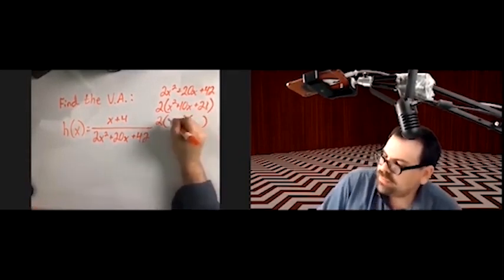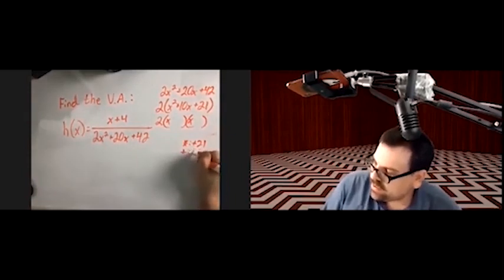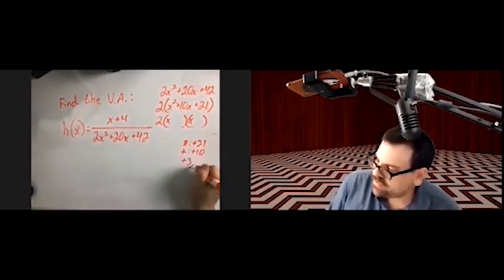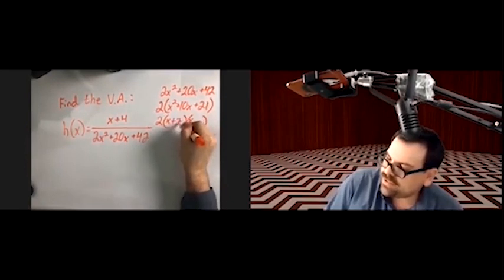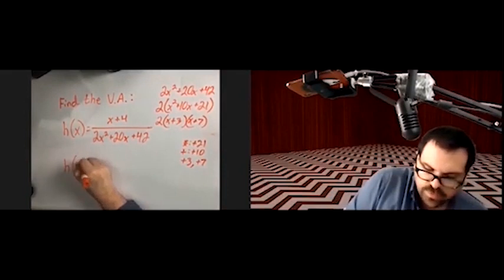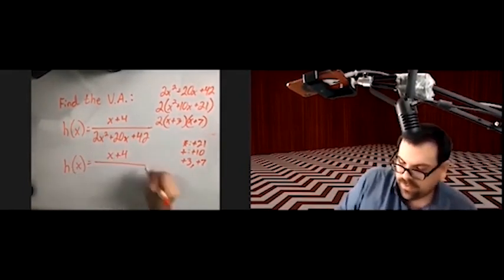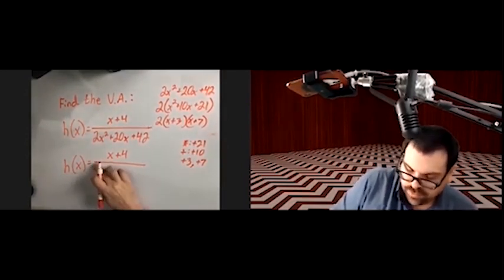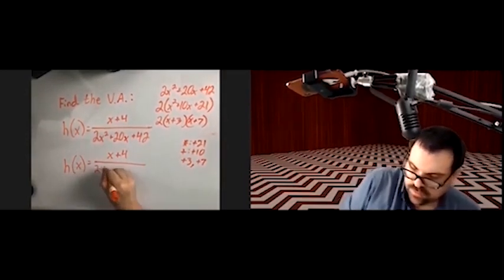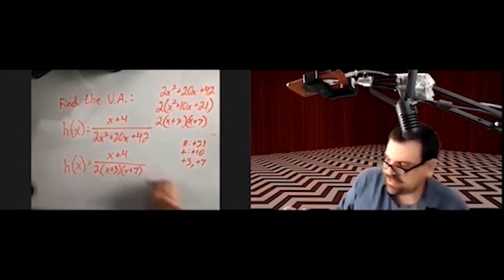We need numbers that multiply to positive 21 and add to positive 10. This is plus 3 and plus 7. So rewriting this in factored form, we have x plus 4 over 2 times x plus 3 times x plus 7.